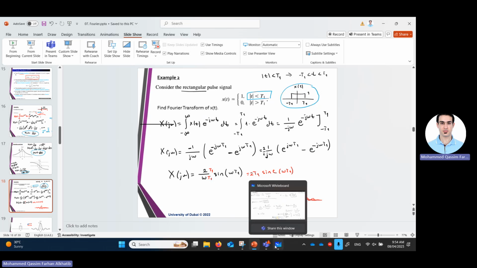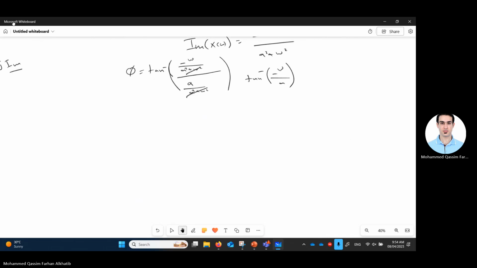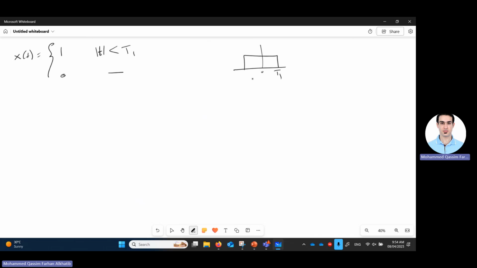Similarly, we can apply the Fourier transform for this. So x of t equals 1 for absolute value of t less than t1, and 0 elsewhere. To plot it, it's just a rectangular pulse, and this is 0, this is t1, negative t1, and the amplitude is 1, and this is the time axis.